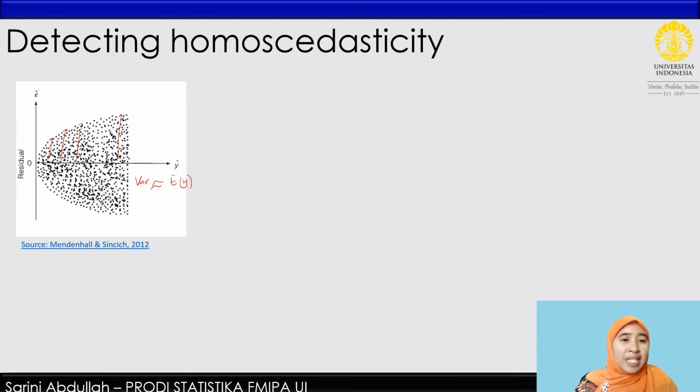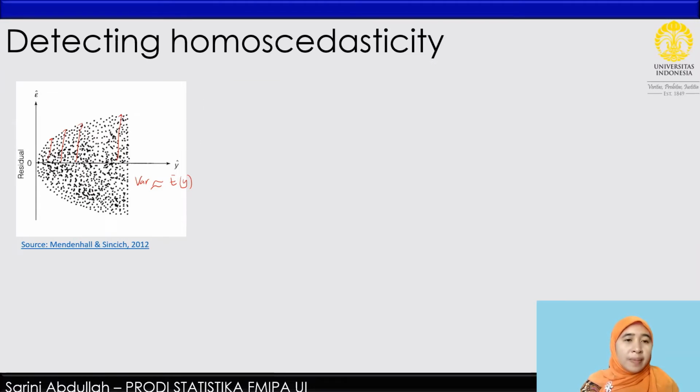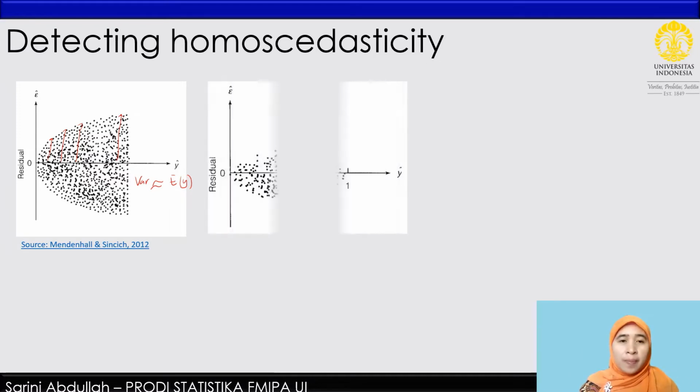This happens for data that follows a Poisson distribution. For that one, we need to do some kind of transformation to make it equally scattered within the plus minus 2 standard deviations of that residual.